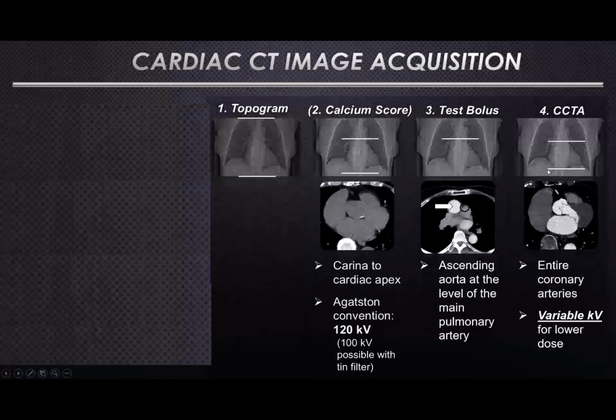On the other hand, the dose relevance here is greater, because you have the liver and the spleen, so everything that you reduce on the inferior part will lead to significantly more dose reduction as compared to the upper range. On the diagnostic side, on the other hand, the upper part of the image is much more important because it visualizes the proximal part and the stem of the left and right coronary artery.